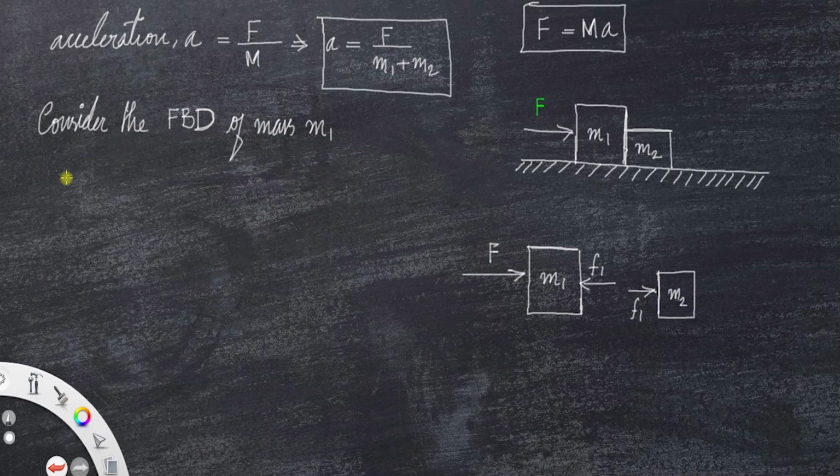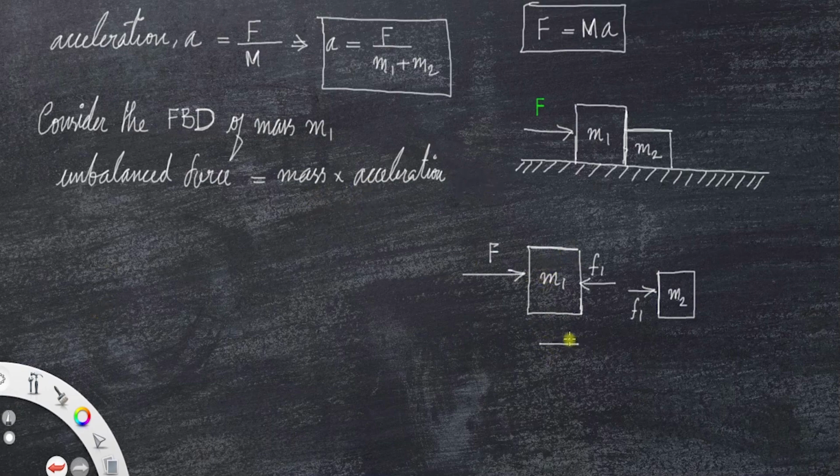So I'm just considering the free body diagram of mass m1. Again, by Newton's law, the unbalanced force is equal to the mass of the body into acceleration. Actually, this is the same equation, F equal to ma, but we have this statement of Newton's law: the unbalanced force acting on a body is equal to the mass of that body into acceleration.